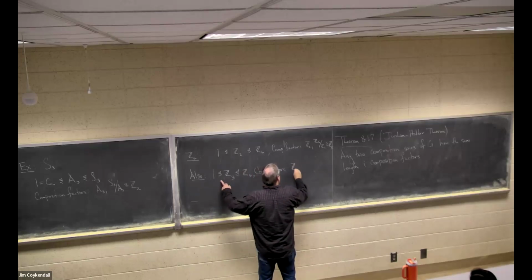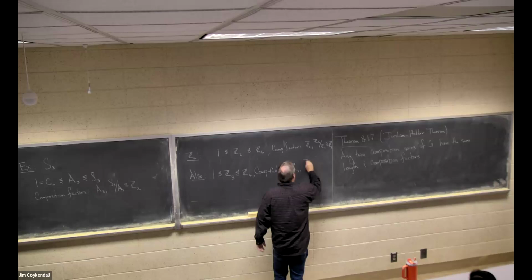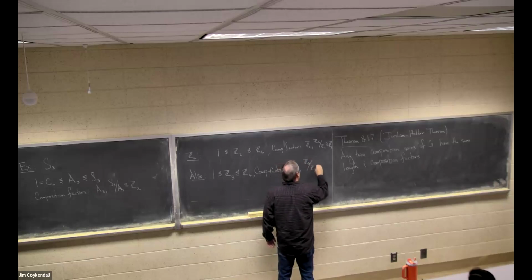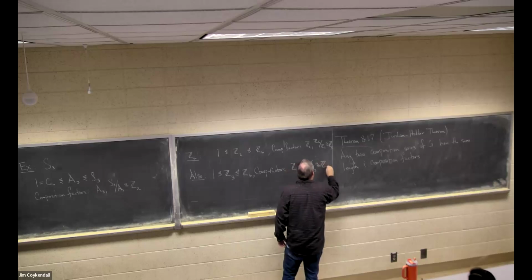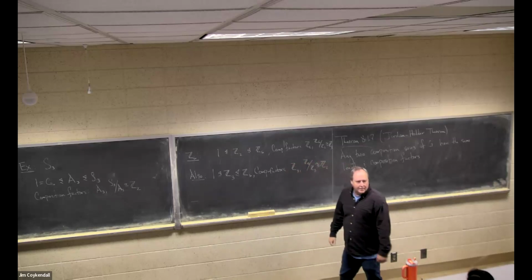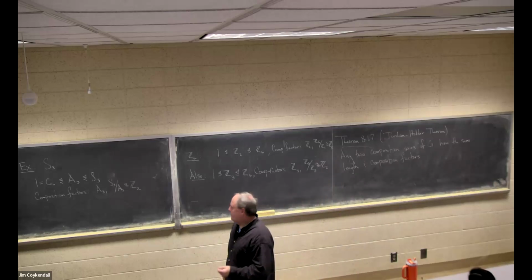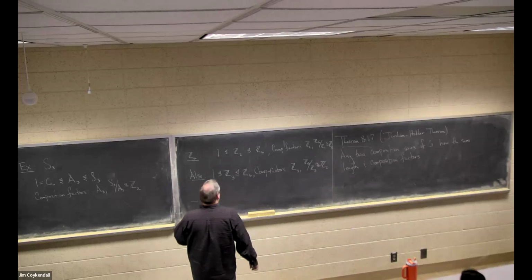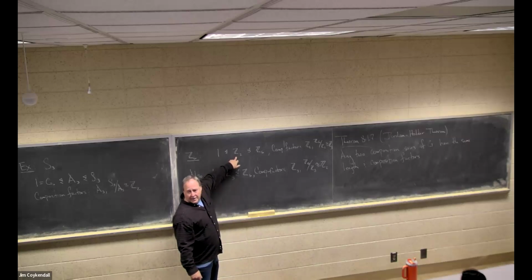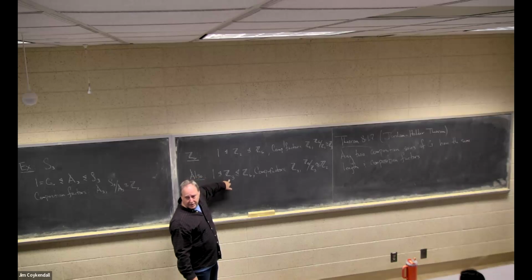Z3, and Z6 mod Z3 isomorphic to Z2. Notice I have two different composition series here, okay? Because the stuffing in the Oreo here is Z2 and over here it's Z3, right?